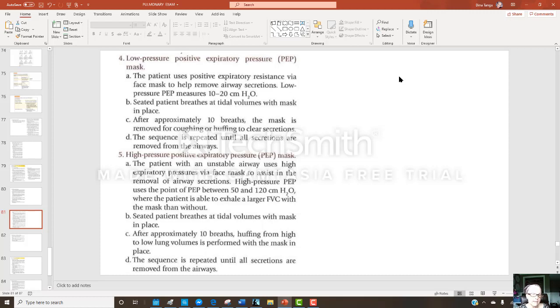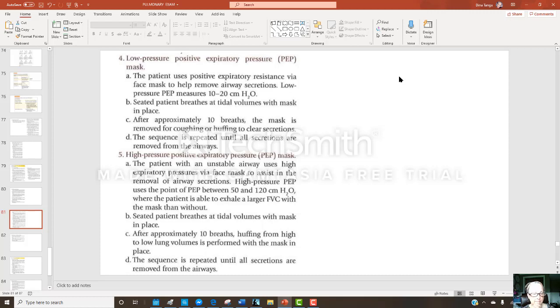High pressure positive expiratory pressure PEP mask. So you have low pressure and high pressure. With high pressure, the patient with an unstable airway uses high expiratory pressure via face mask to assist in removal of airway secretions.